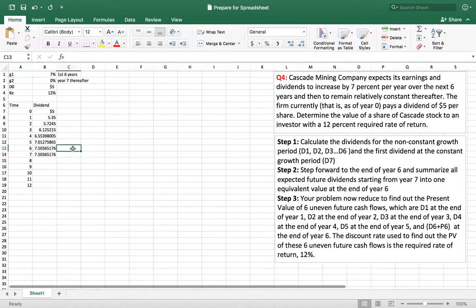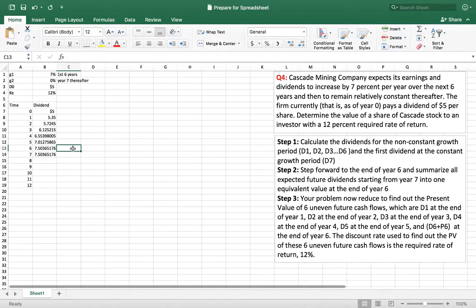I have this value calculated in cell C13 by applying the formula of the constant growth dividend valuation model, which is the dividend next period divided by the investor's required rate of return minus the constant growth rate.